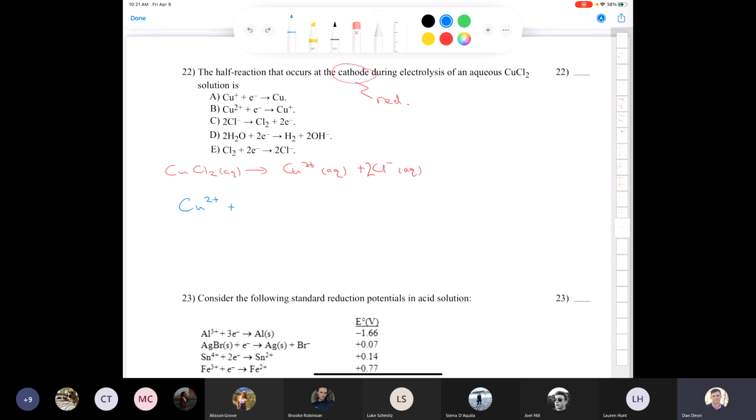Well, I thought I had the standard reduction of the whole copper 2+ ion, but I guess the only one here that makes sense, since you're starting with copper 2 chloride, is the one that gets reduced, and they're just showing it being reduced to copper 1. So copper 2+ plus an electron producing copper 1 ions like that.